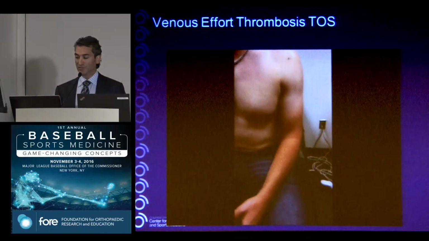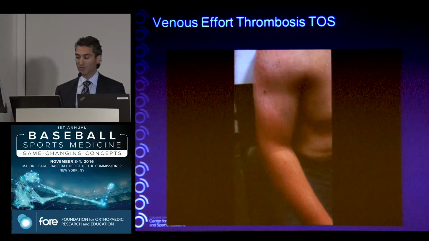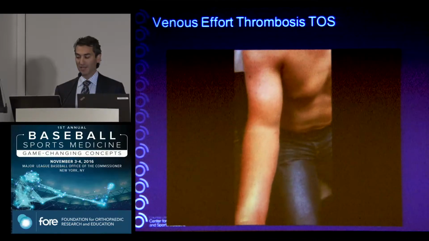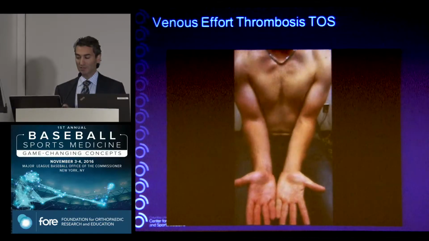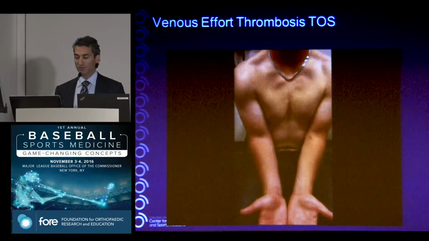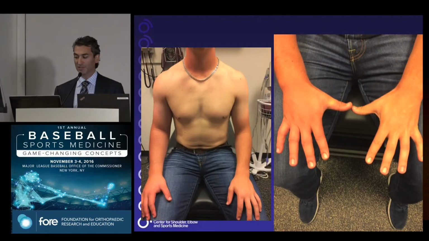This is a case from this year. Player says, my elbow and arm is getting tight and it's getting harder to loosen up. And in fact, it's big. You may not be appreciating, but he's right-handed. His right arm is much bigger than his left arm from about the deltoid down. He's got a big fat hand compared to the other side.